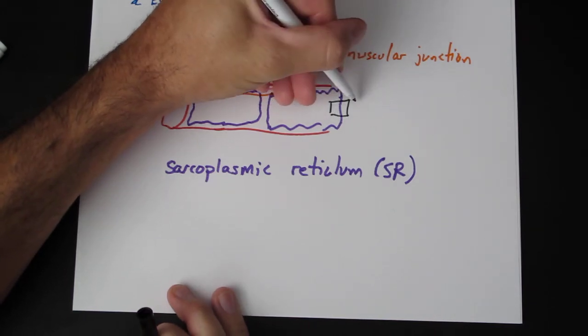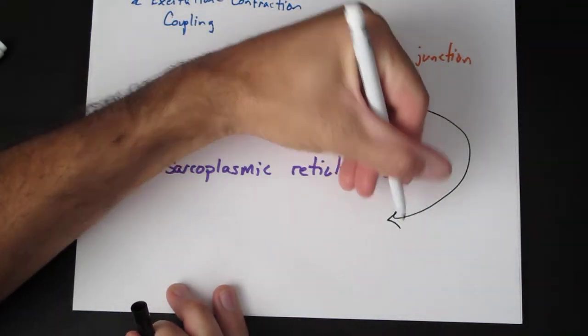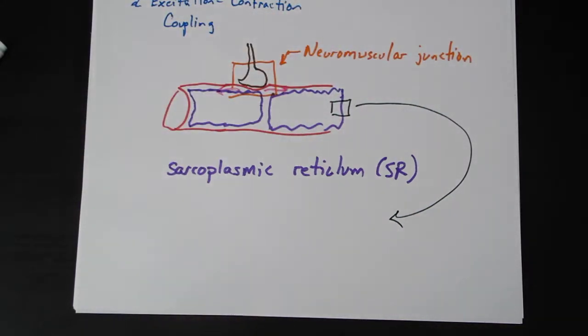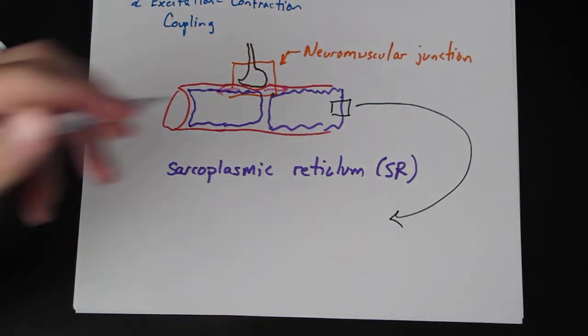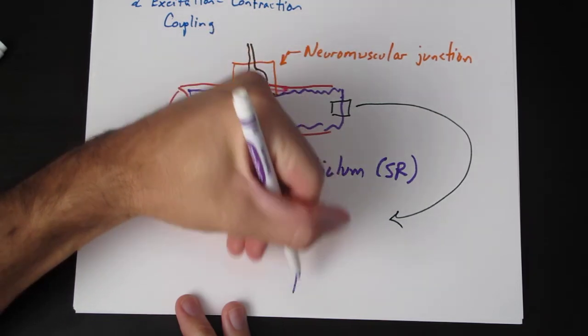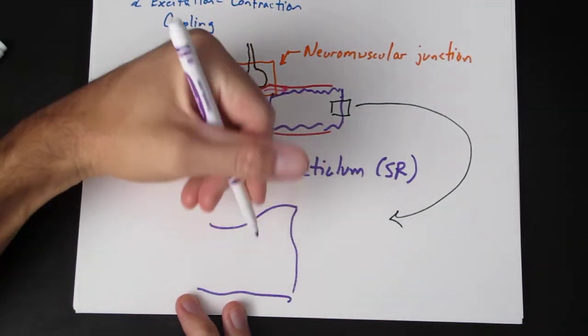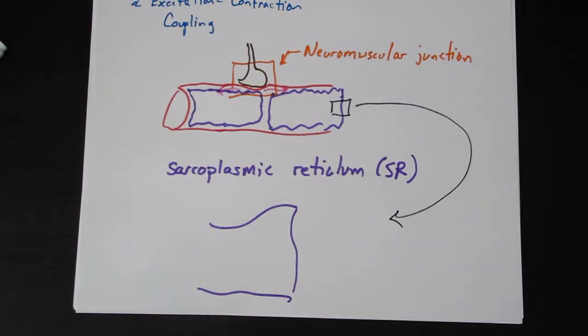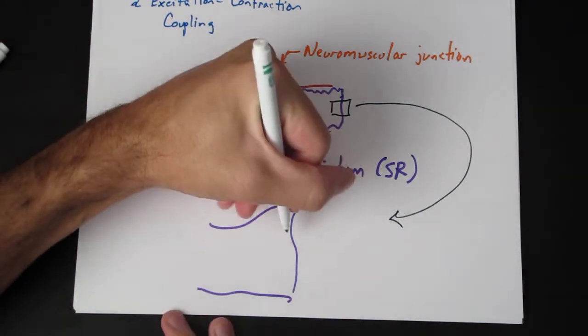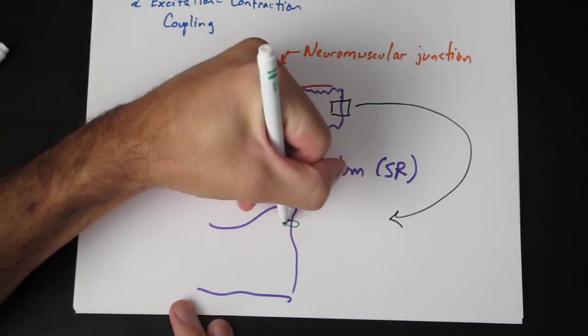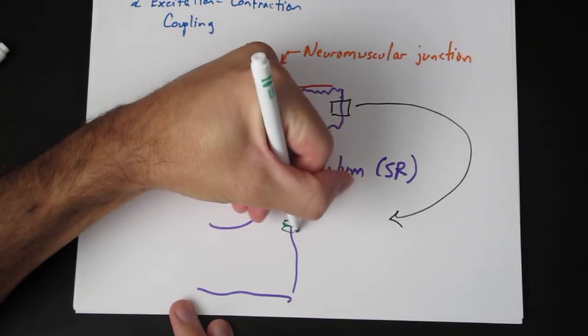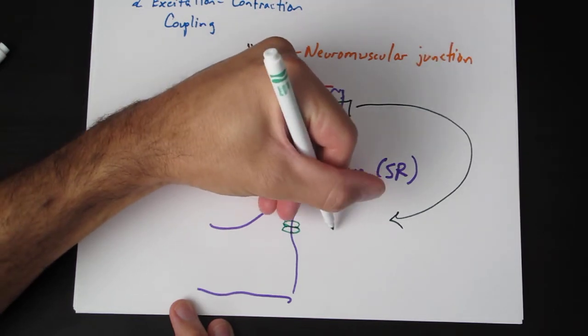So what we'll do here is we'll come down here and blow up this section of the sarcoplasmic reticulum. All right, so there's our sarcoplasmic reticulum that we are blowing up to take a look at. On the membrane of the sarcoplasmic reticulum are channels called Ryanodine receptor channels.